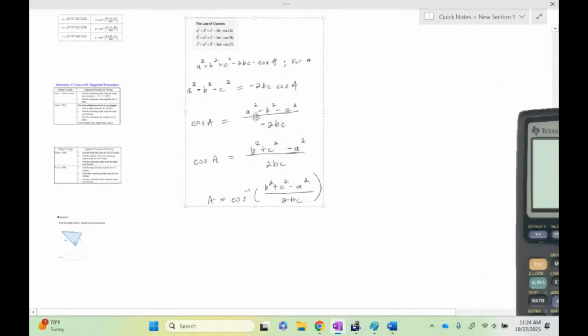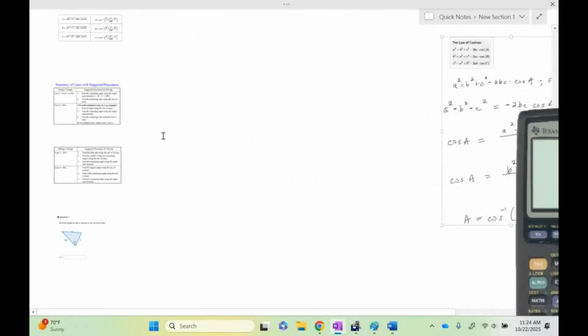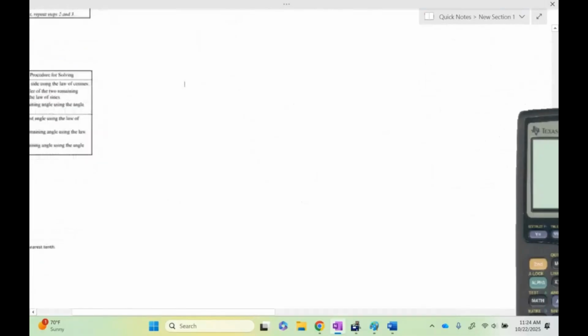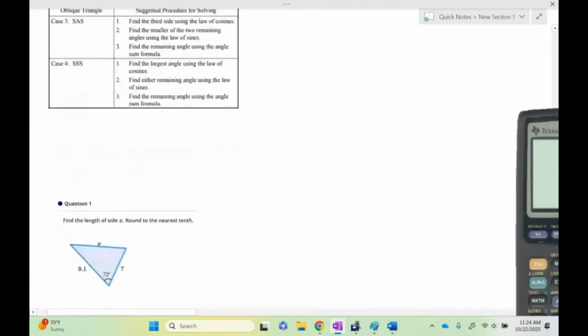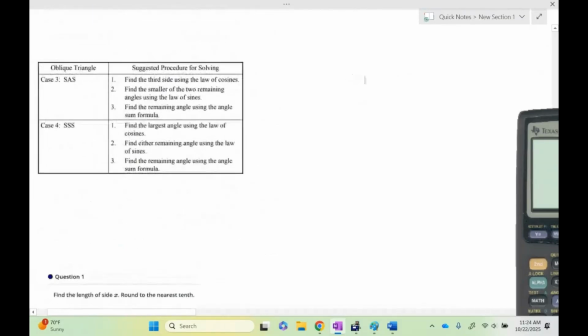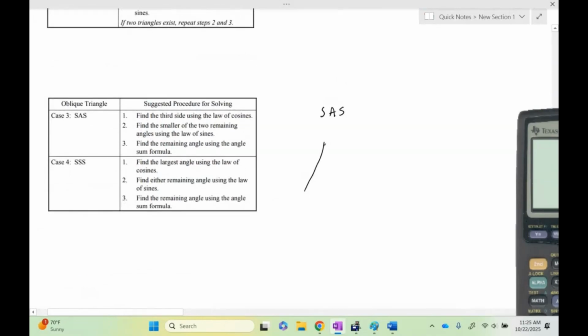So let's say we have a side angle side set of measurements. I'll just draw it this way.